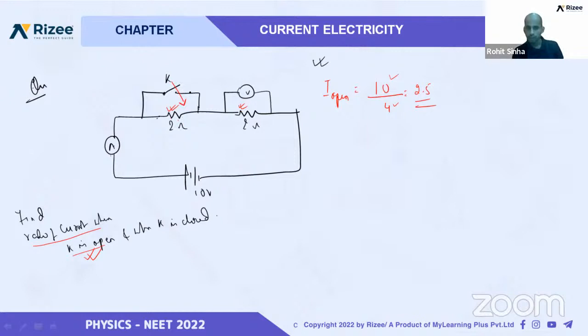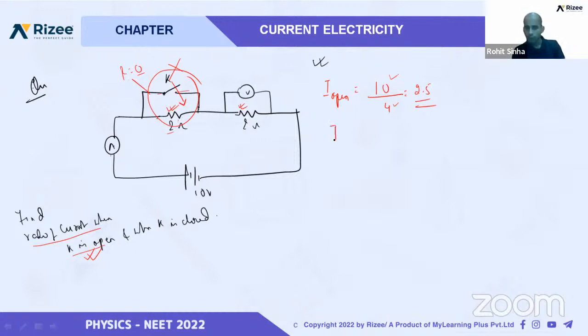K will be closed. Then whole of the 2 ohm will be useless, because their equivalent will be 0. Why? Because when we have connected here, that resistance will be 0. And if you take the equivalent, one is 0 and one is 2 ohm, their equivalent will be always equal to 0. That's why this 2 ohm will be removed.